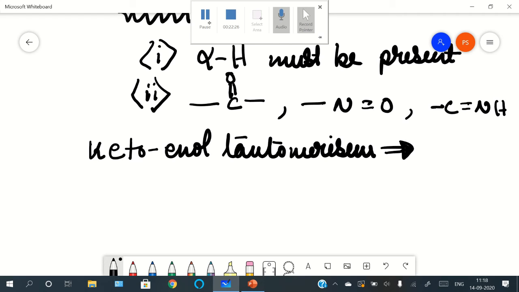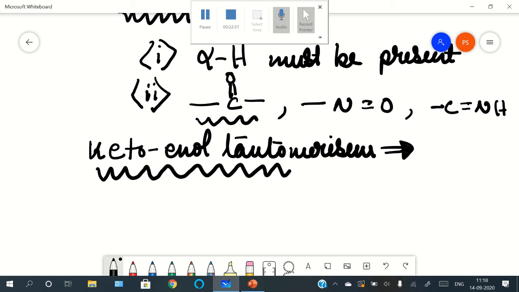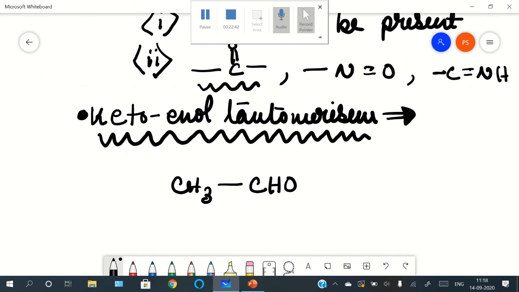Keto-enol tautomerism comprises this functional group. Supposedly, this is the structure of acetaldehyde.